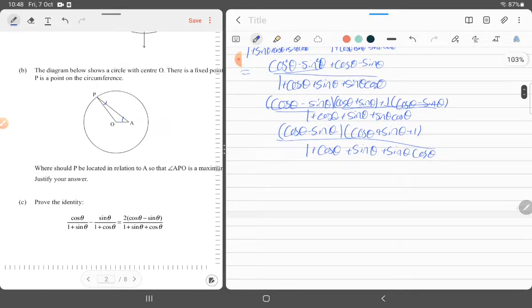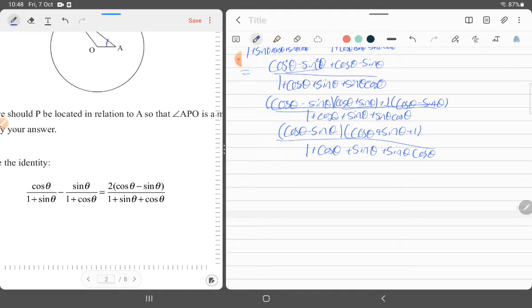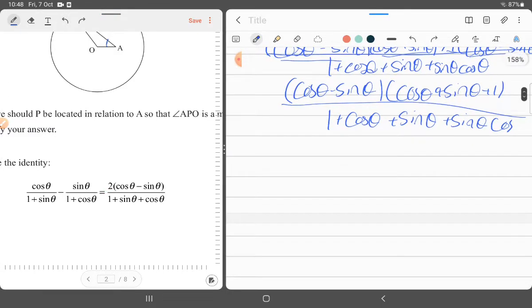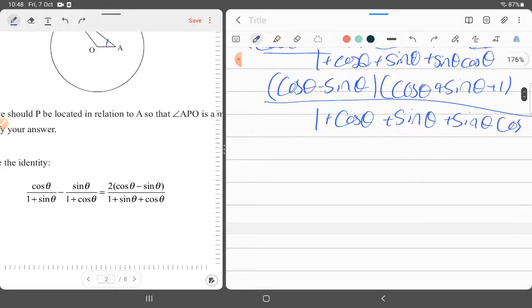Then we have this term here, and what we can actually do is, actually no, we can't do anything yet. Because of this 2 here, this is a subtle hint to what we need to do, but this is so dumb.